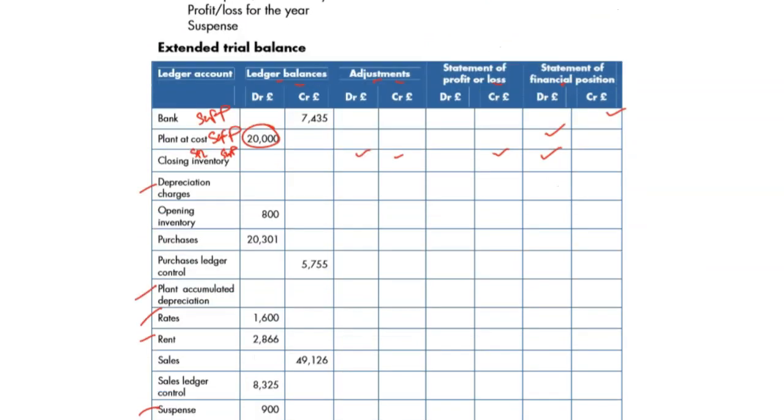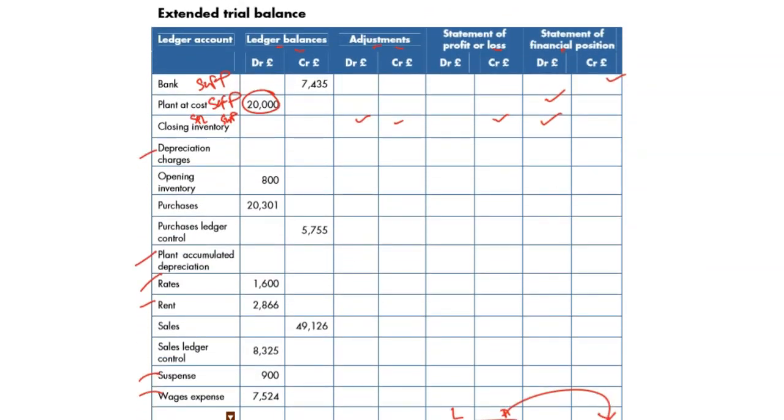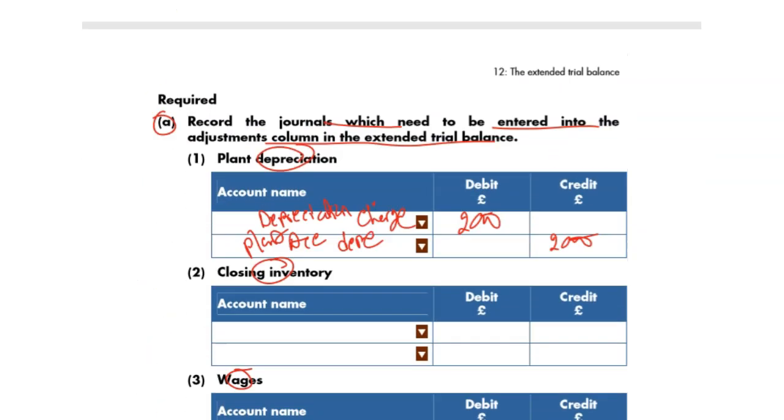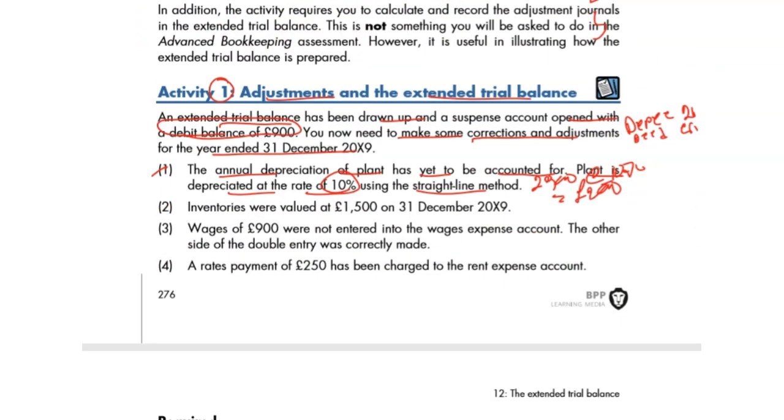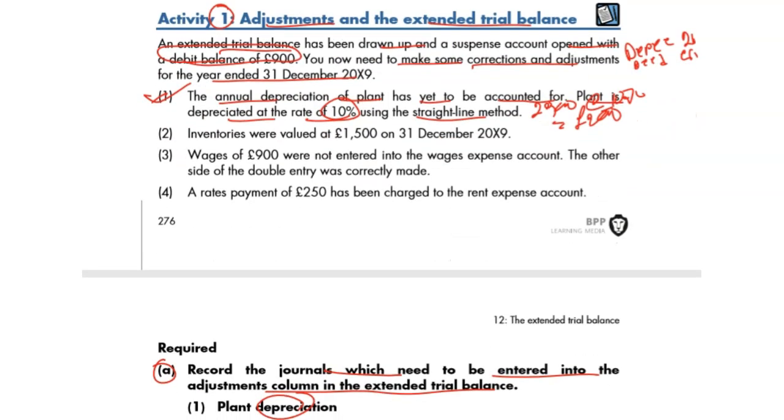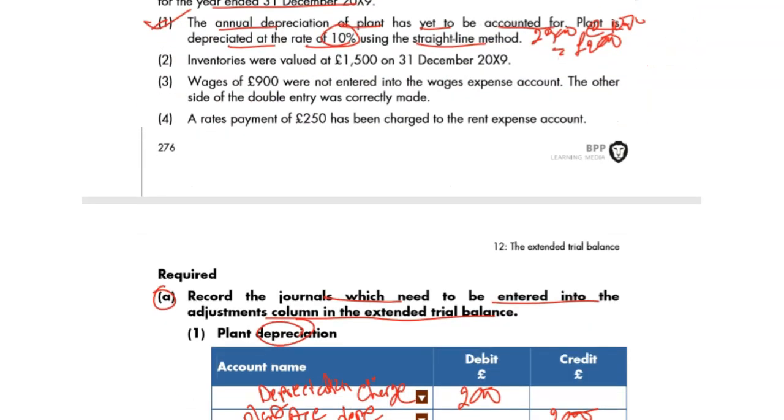Depreciation charge. How much is the depreciation charge? It is 2,000, doesn't it? And that's an expense in the SPL. That's why it's debit, doesn't it? So that's the first adjustment done, taken into the journal, also taken into the extended trial balance.